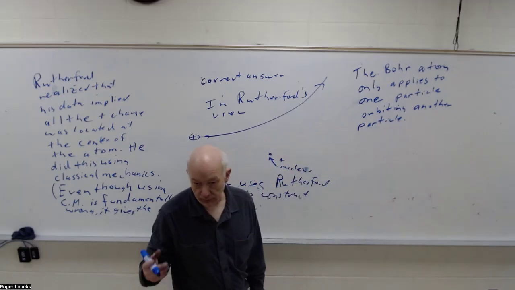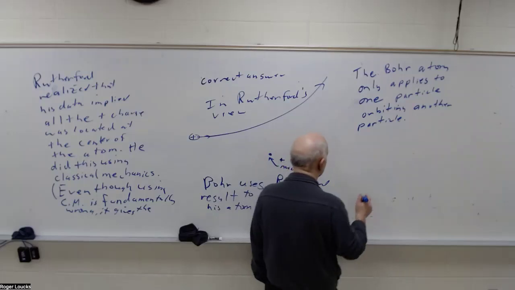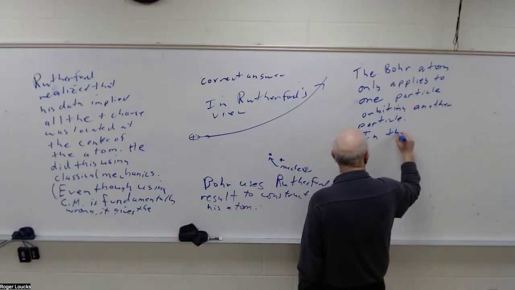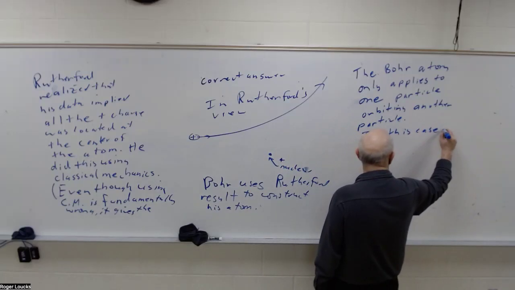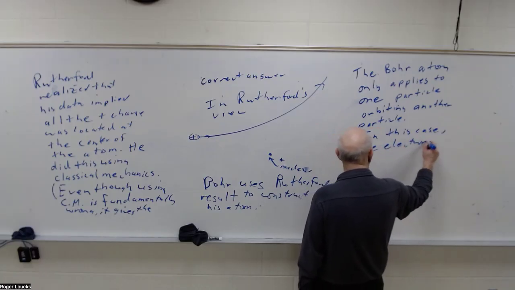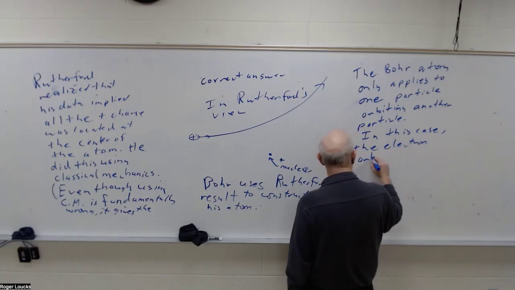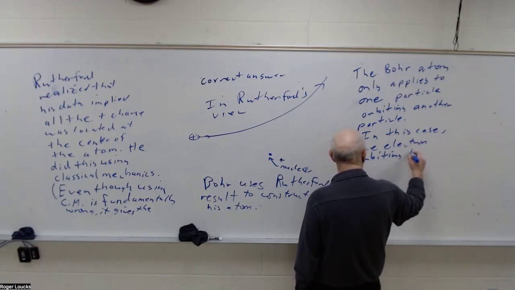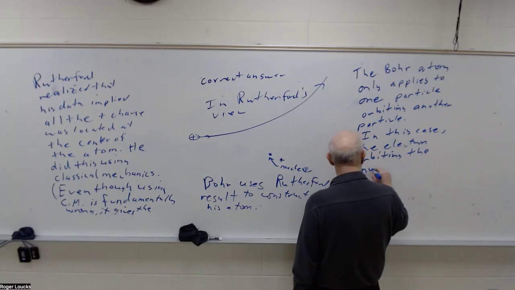So in this case, it's going to be a positive particle and a negative particle. So in this case, the electron orbiting the nucleus.